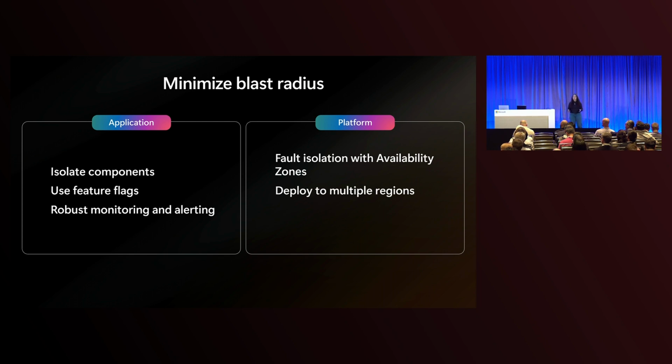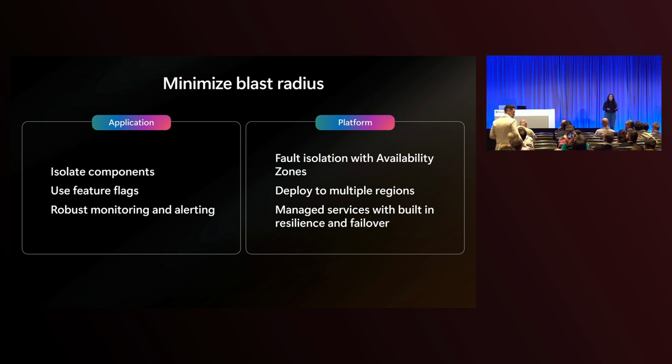You can also deploy your application into multiple regions. So while zones are within a region, deploying in multiple regions gives you even higher availability. This is following the active-active pattern, which we'll dig deeper into later on. There are so many managed services in Azure that offer built-in resilience and failover features. You can take advantage of these as an application developer and let the platform do the heavy lifting for you.